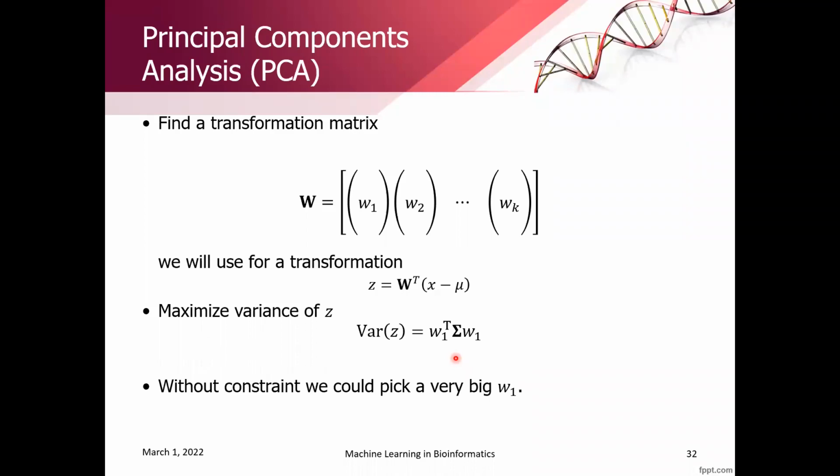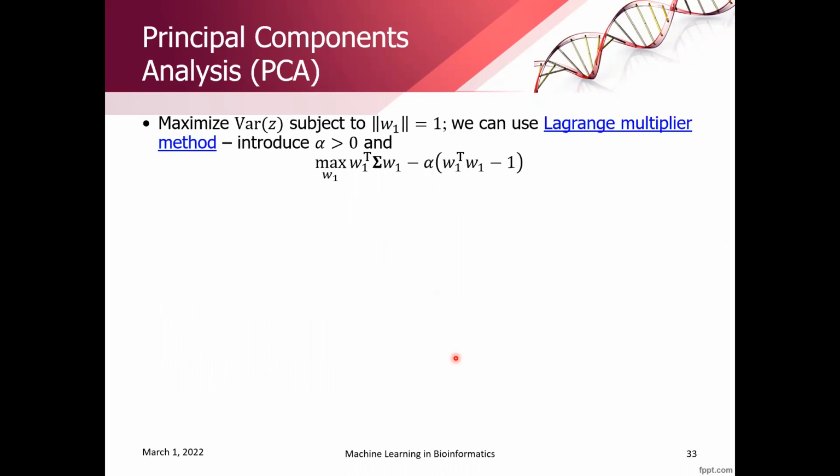Instead we require that the norm of the vector W sub 1 is 1. And what we would like to obtain is to maximize W sub 1 transposed times the covariance matrix times W sub 1, with the constraint that the norm of the vector W sub 1 is 1.